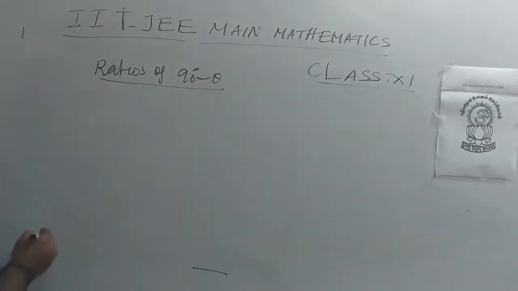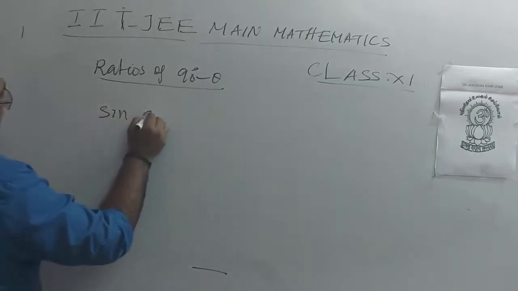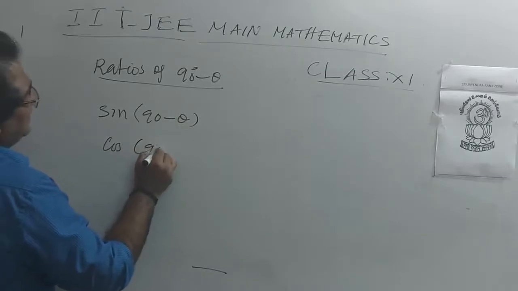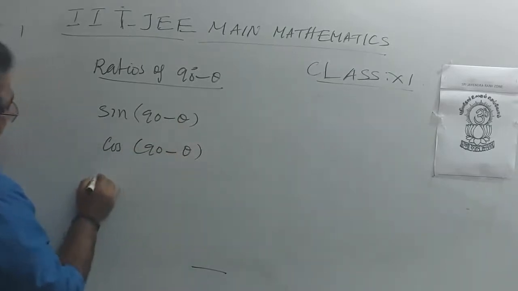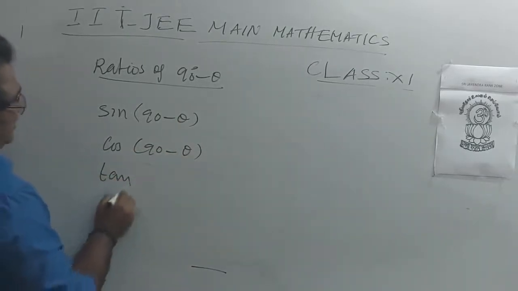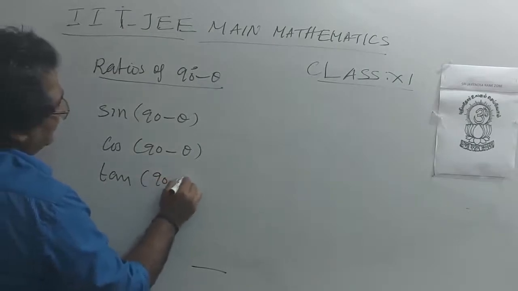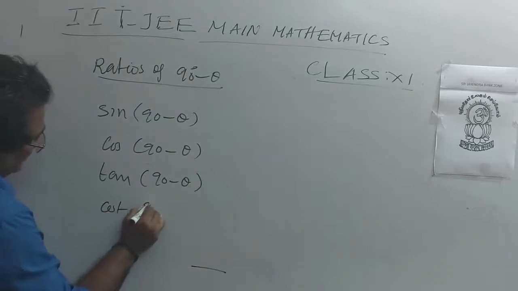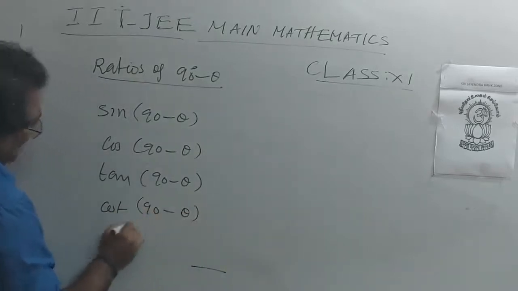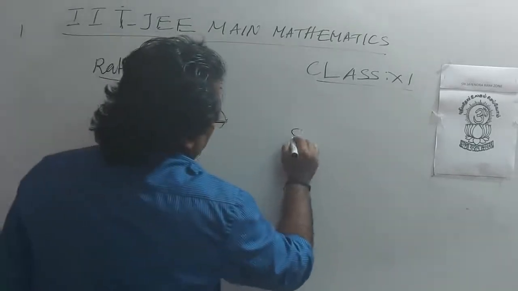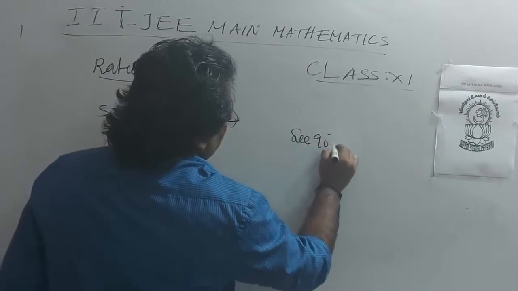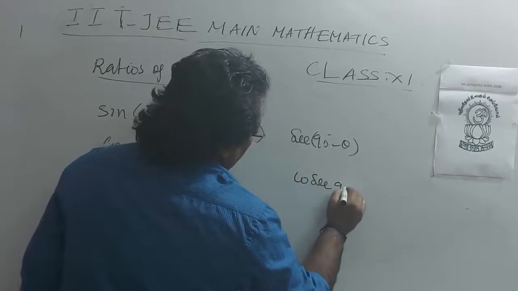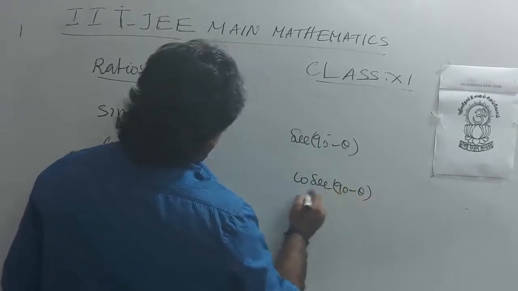Ratios of 90 minus theta. These values are important. You have studied in even 10th standard, Grade 10, you have studied 90 minus theta, cot 90 minus theta, secant 90 minus theta, cosecant 90 minus theta.